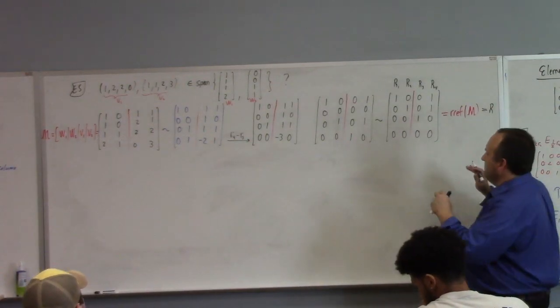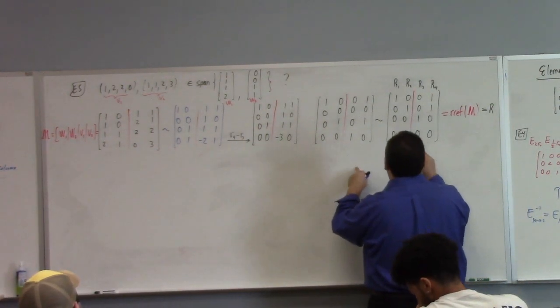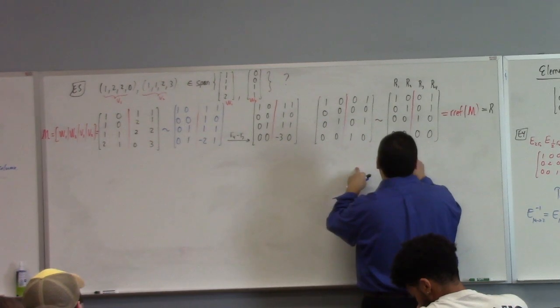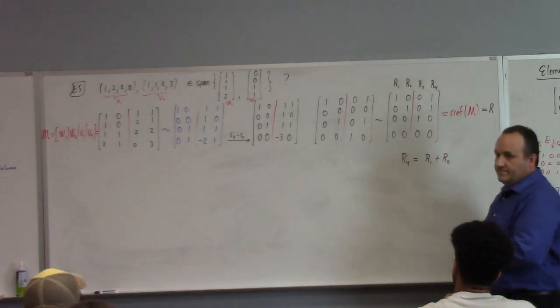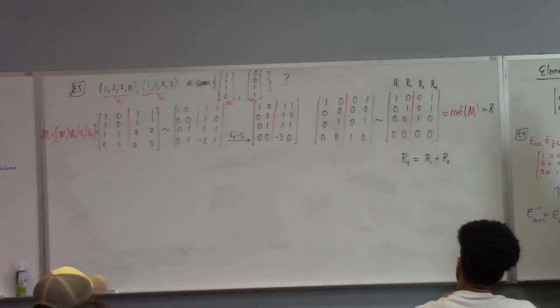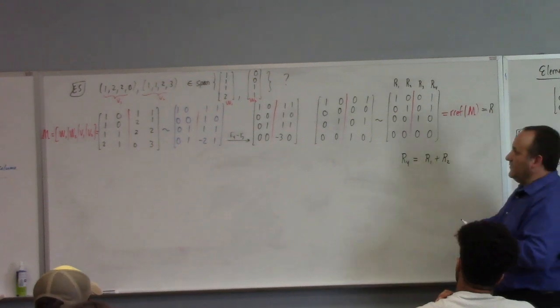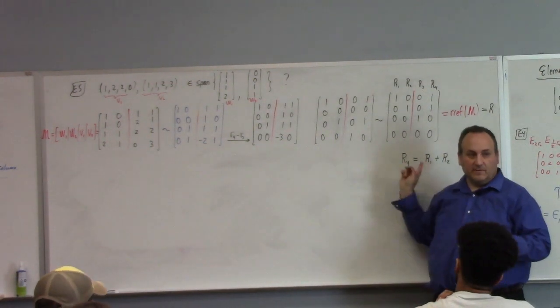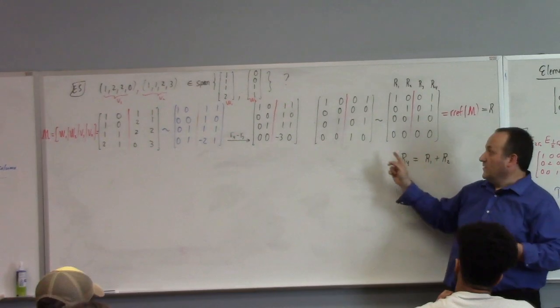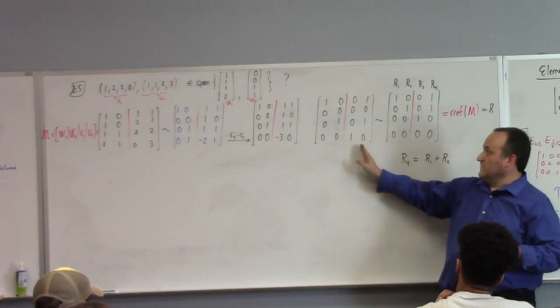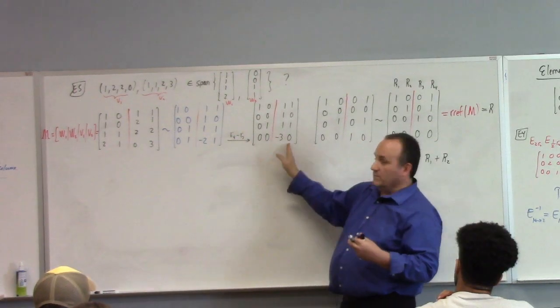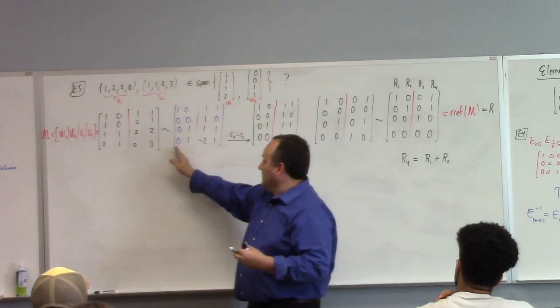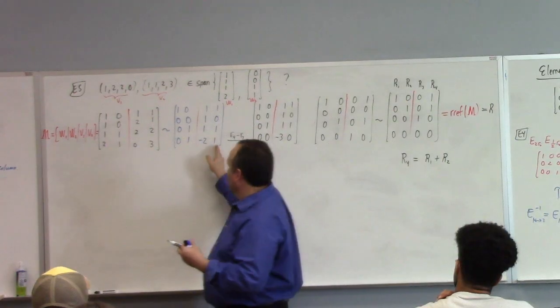It should be immediately obvious that R4 is equal to R1 plus R2, right? And if you go back and look at every one of these matrices in between here and there, it was also true for that. Column 1 plus column 2 was column 4.